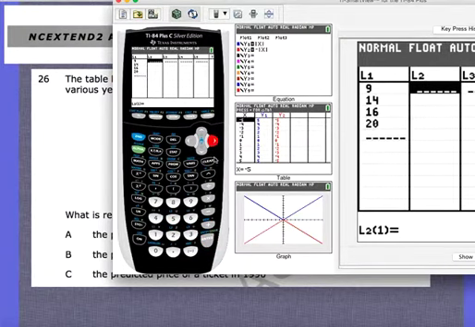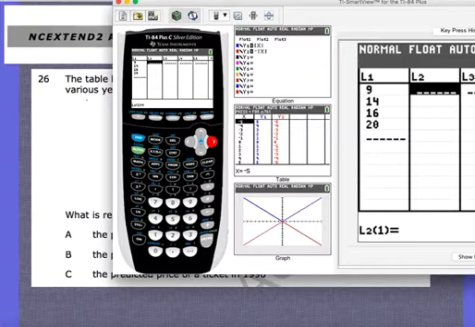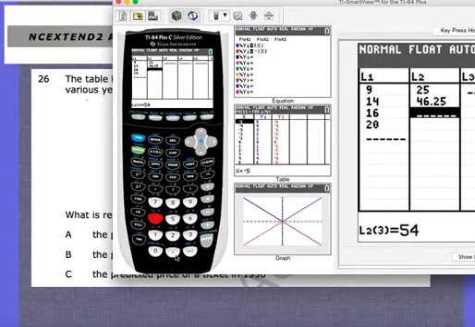For your y's, you need to make sure that whatever is on the same row as 9 goes on the same row in your calculator as 9. So 9 was with $25. 14 was with 46.25. 16 was with 54.75. And 20 was with 71.75.